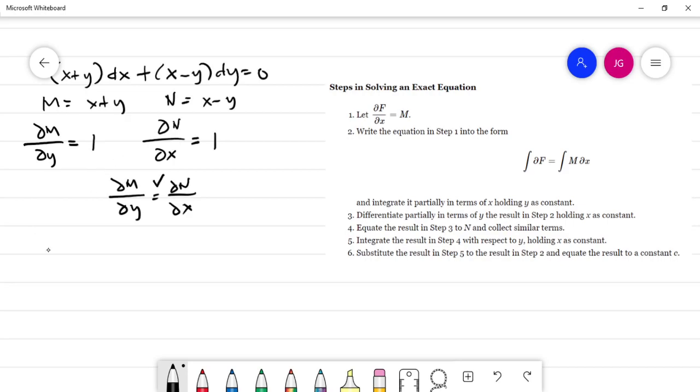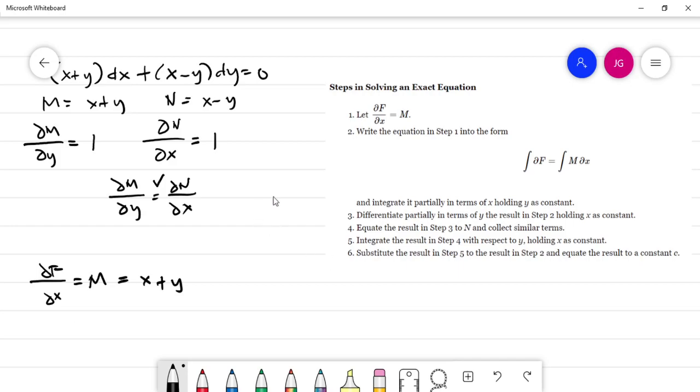So step 1 is we let the partial derivative of f with respect to x equal to M. So our M equation is x plus y. Okay?